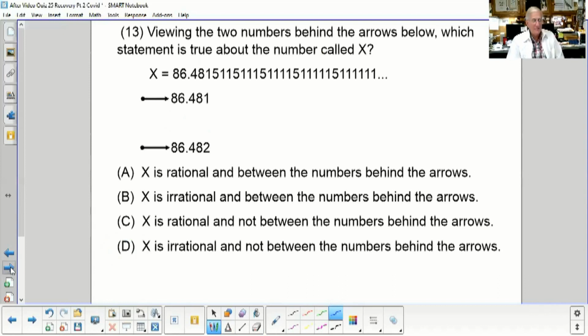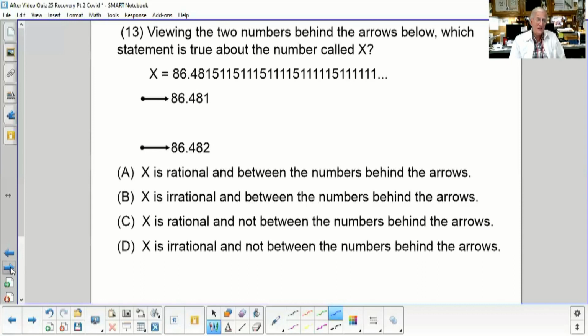Look at 13. Viewing the numbers behind the arrows, what's true about this number? Does it have a growing pattern on it again? Definitely has the 3 dots, goes to infinity, so it certainly isn't rational. It's got to be irrational. Is it between them?